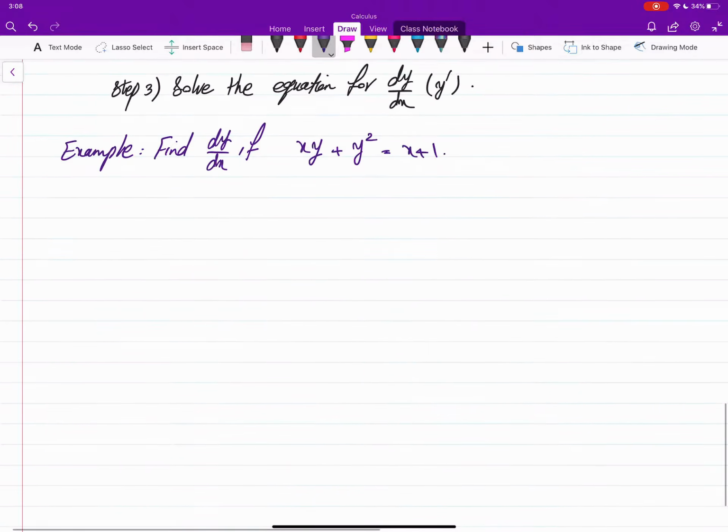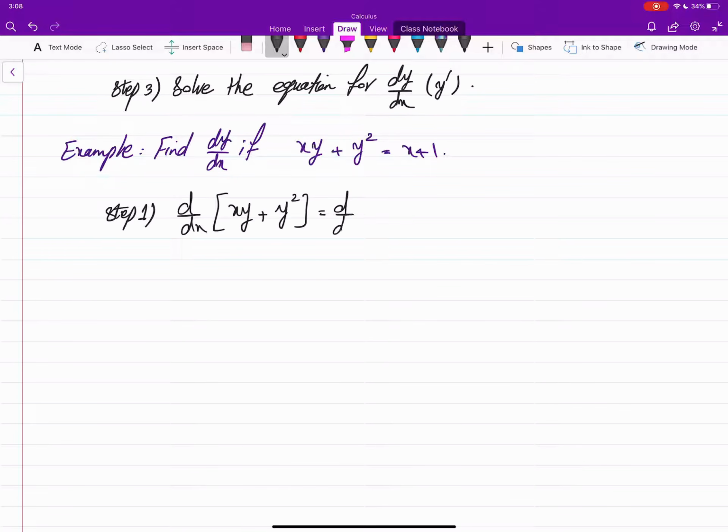Okay, so let's start with the steps. Step 1, differentiate both sides with respect to x. So d dx of xy plus y squared equals d dx of x plus 1.